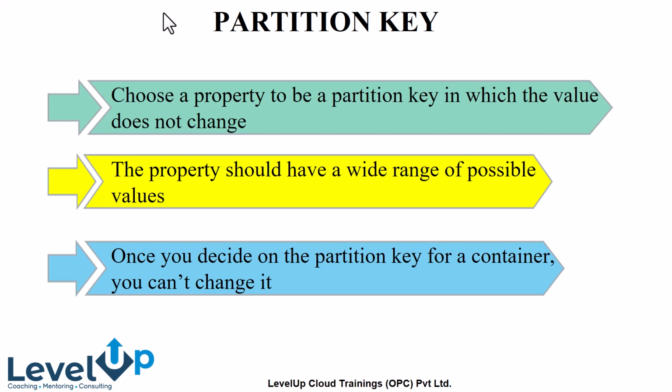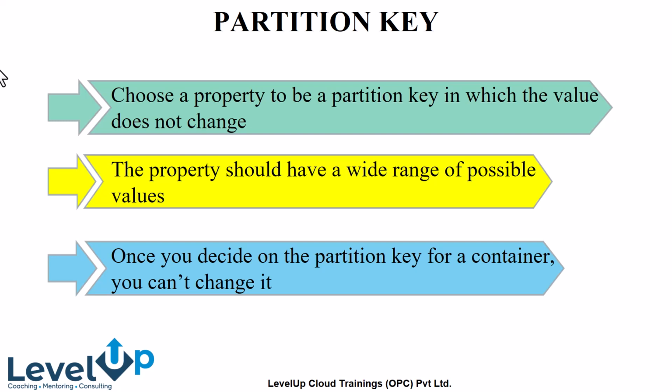Now let us discuss a little more about the partition key. These are some of the best practices for how to choose a partition key. You should choose a property in which the value does not change. The property should also have a wide range of possible values.